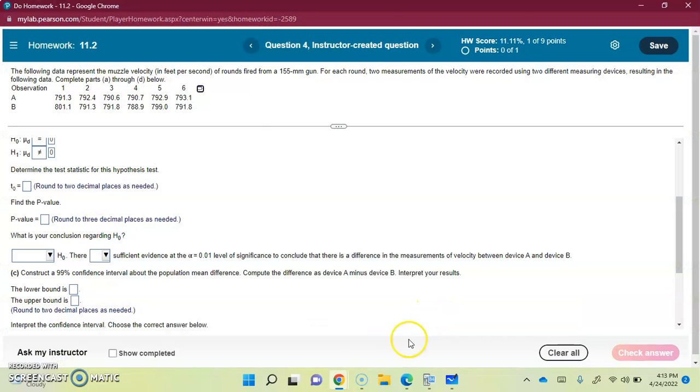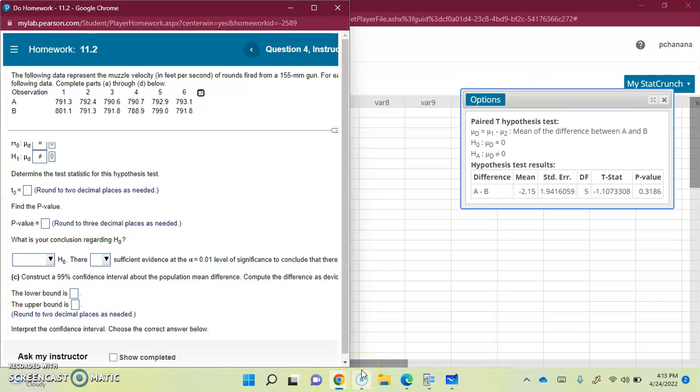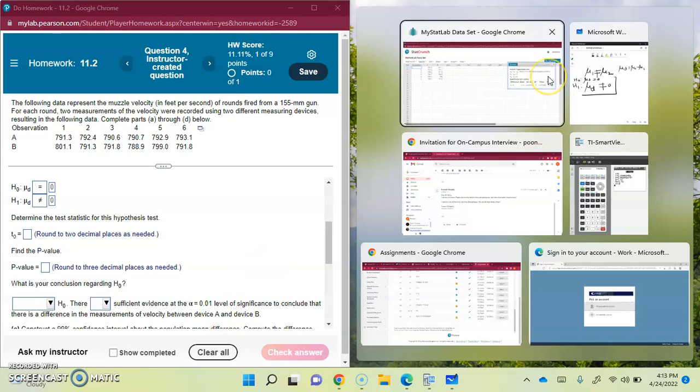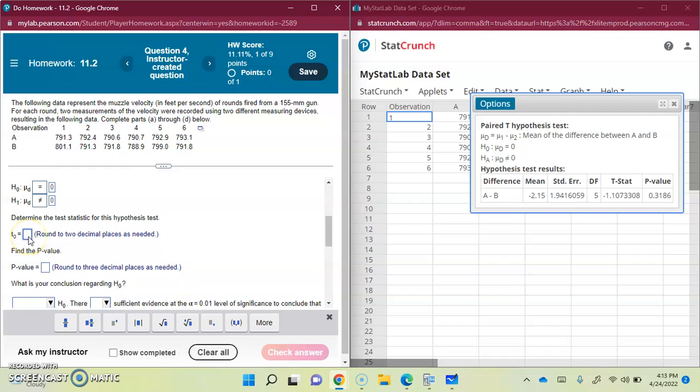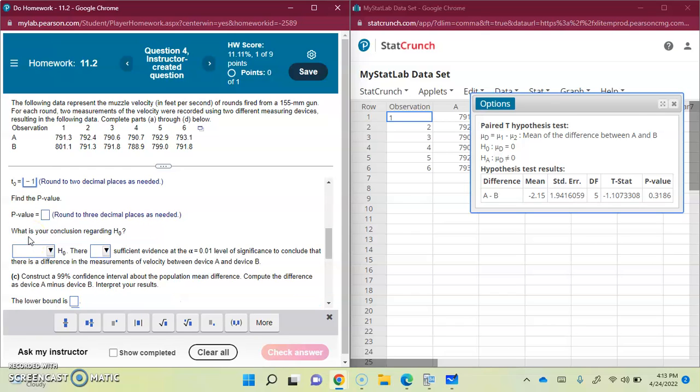So let's enter that. Test statistic is negative 1.11 because it's asking for two digits, and the p-value is this number here, 0.0318.